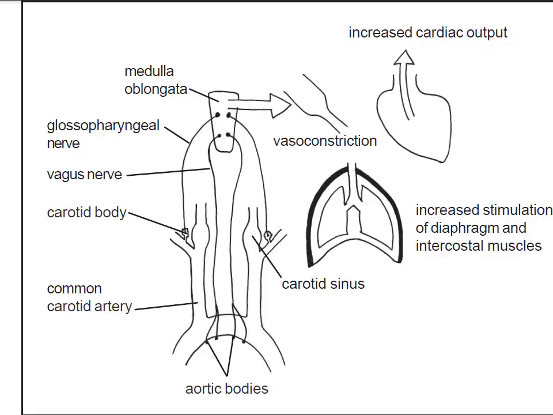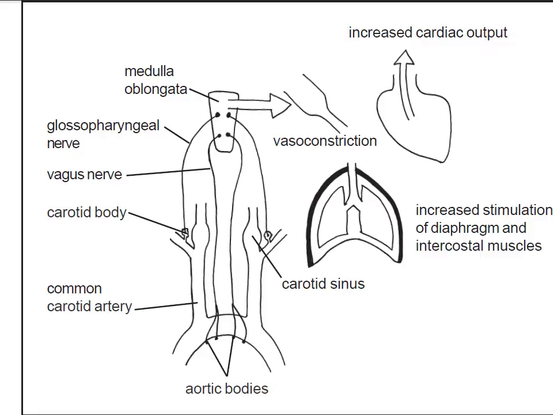And the anatomical position of these oxygen lack chemoreceptors under the arch of the aorta and near the carotid arteries allows the blood circulating towards the brain to be sampled. So if there's a lack of oxygen in the blood going to the brain, this will be rapidly detected and can be compensated for, maintaining the oxygen supply to the brain, which of course is absolutely vital.